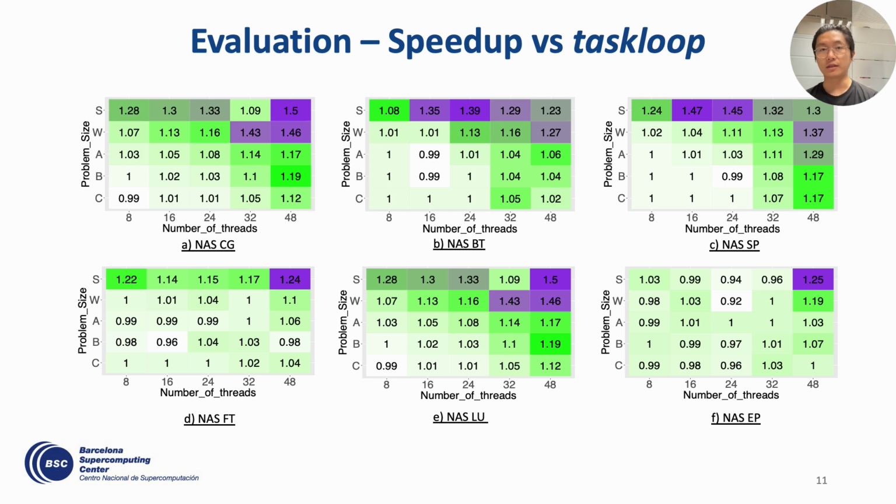The same trend can be seen for the comparison against the vanilla taskloop construct. Again, in these heat maps, the y-axis represents the task number or the task granularity, and the x-axis represents the number of threads.